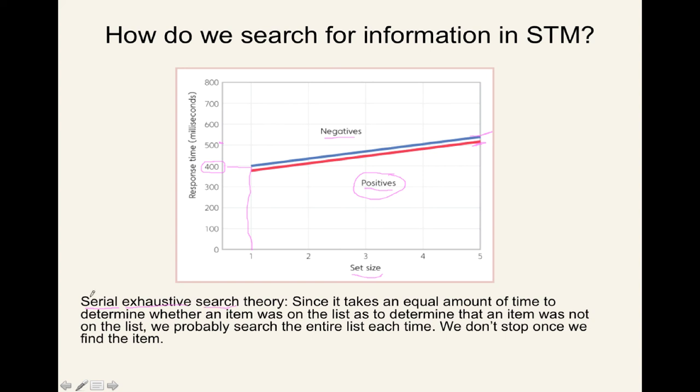Serial means that we just go in order looking through the items. Exhaustive means we go through the entire list. We go through all the items. We don't stop at some point when we find the correct answer. We keep going to the end, probably because we are super quick and efficient in searching our short-term memory. So we don't stop once we find the item. So serial exhaustive search.